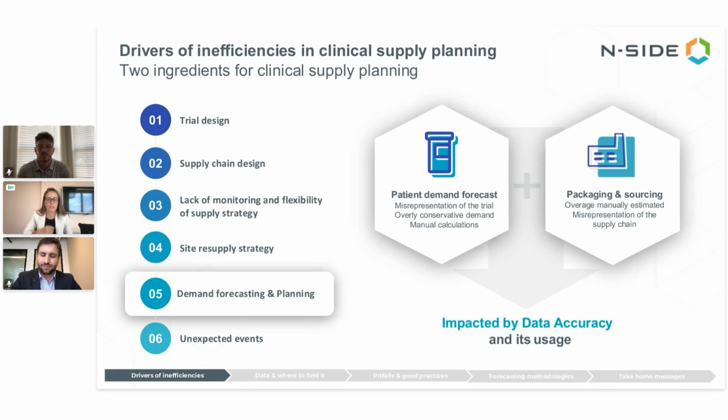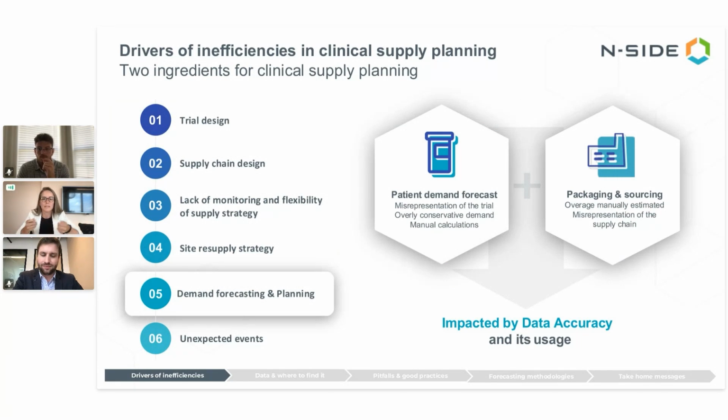Because we mentioned a few examples here of poor planning, like misrepresenting the trial, the supply chain, as you mentioned here. Overly conservative demand, that's what we usually see as well in the main trials. Manual calculations when you're working in Excel, and you usually have to add overage on top of it to make sure everything is under control and not at risk.